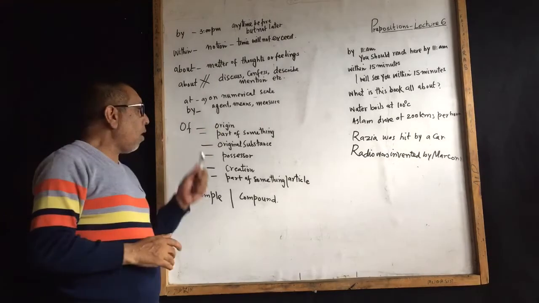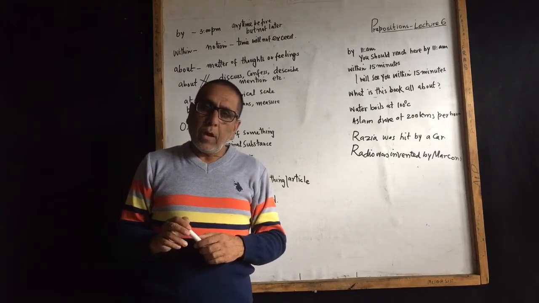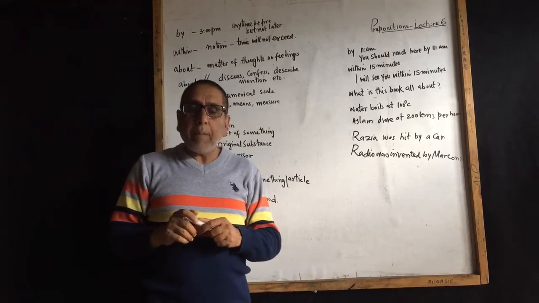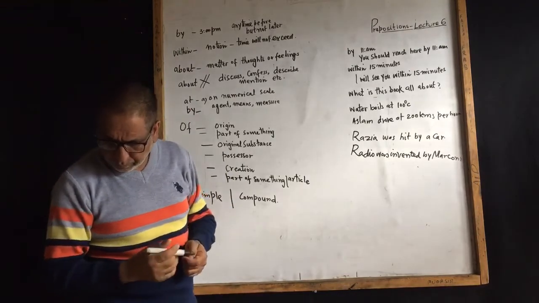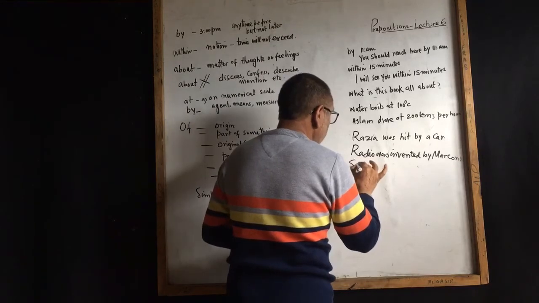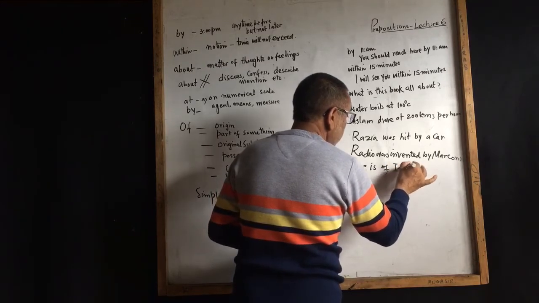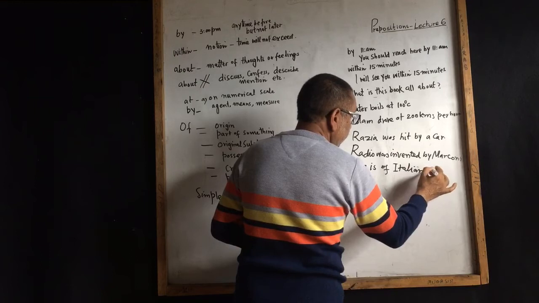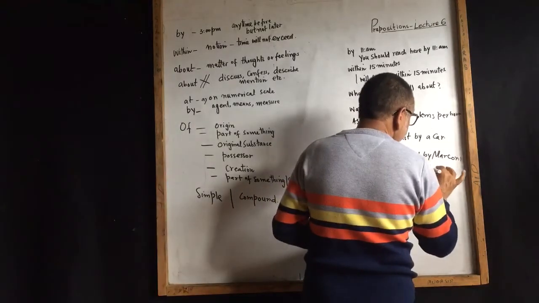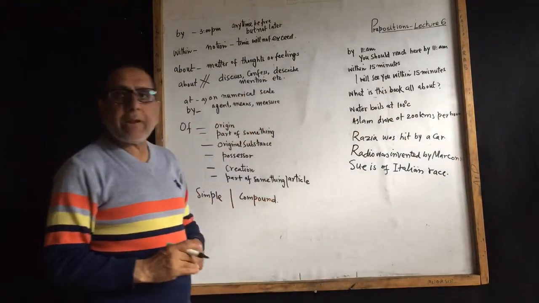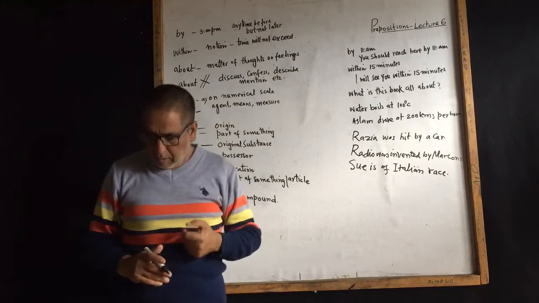When we say "of", for example, about the origin, if you say Sam is of Australian origin, or you say Sue is of Italian race, it tells you something about the origin of something.